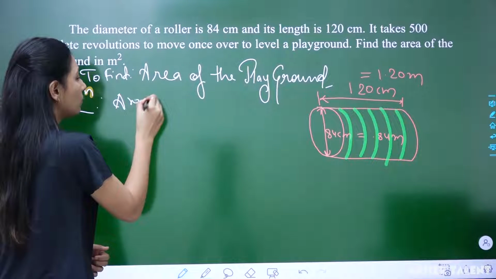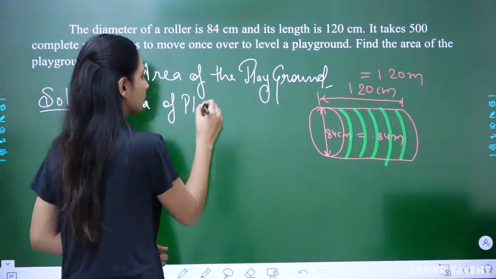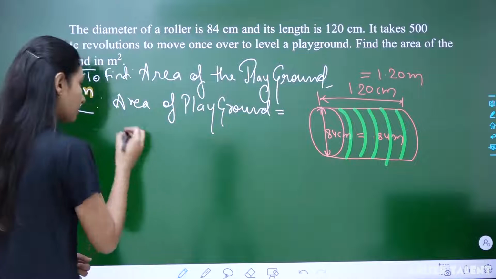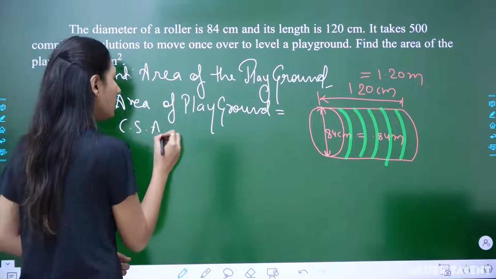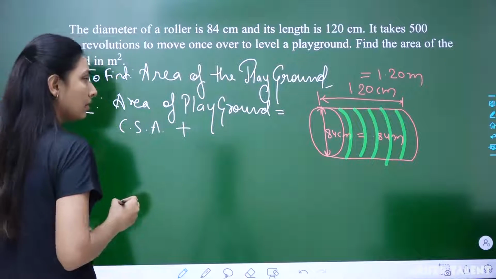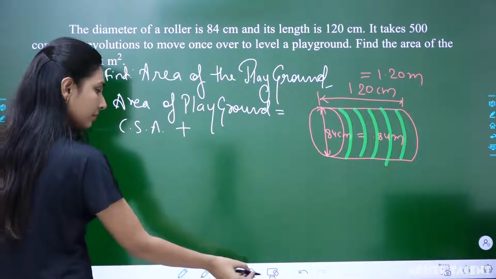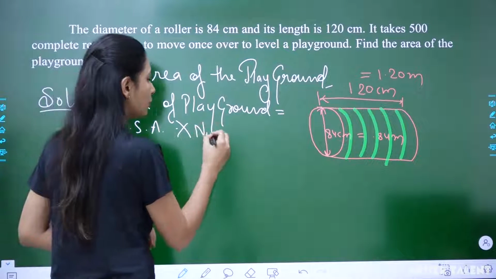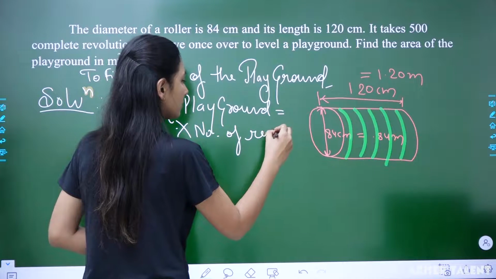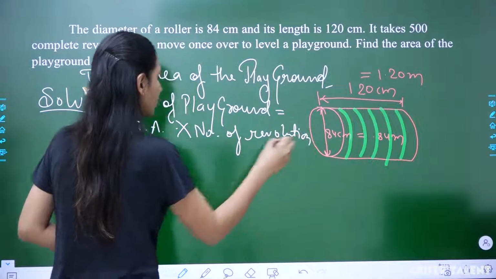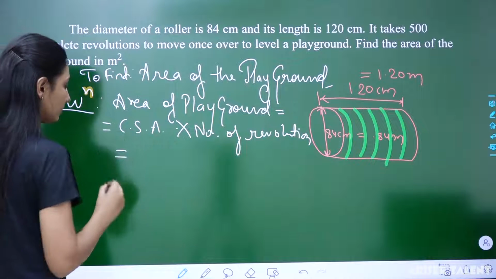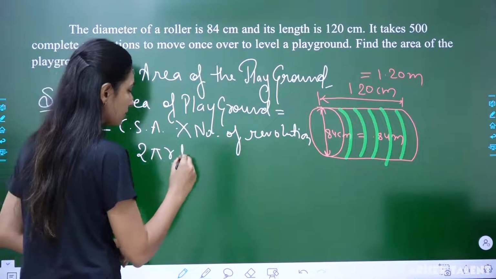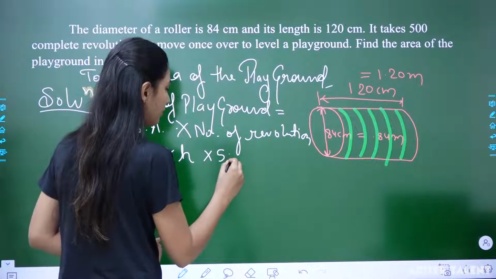Area of playground is equal to curved surface area multiplied by number of revolutions, which is equal to 2 pi r h multiplied by 500.